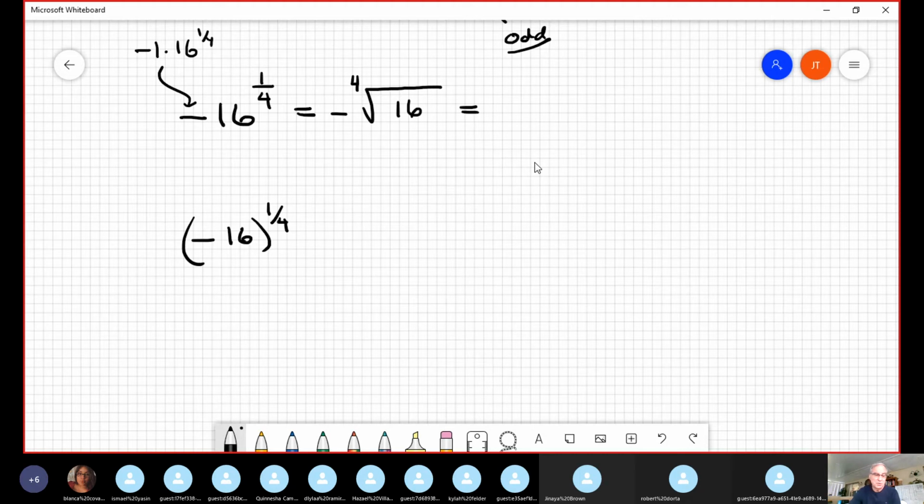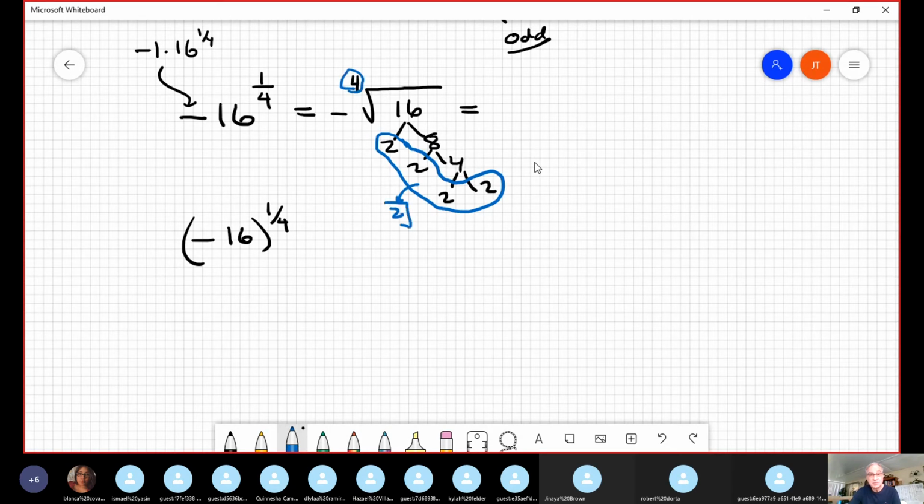To find the 4th root, we put it in the calculator, or you break it down: 16 is 2 times 2 times 2 times 2. Look at that, exactly the four 2s that we need. Four 2s represent, in the 4th root, one 2 outside, and nothing stays inside.